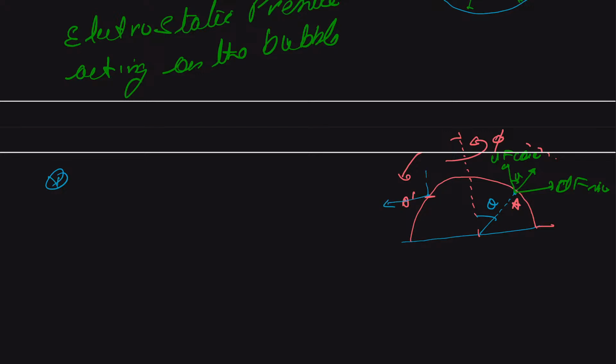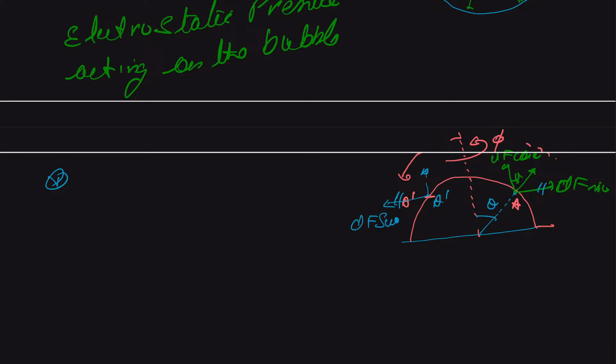So clearly we can see that our horizontal component dF sine theta will be balanced out, and only the vertical component will be left. So for every point on the right side there will be an equivalent point on the other side also.